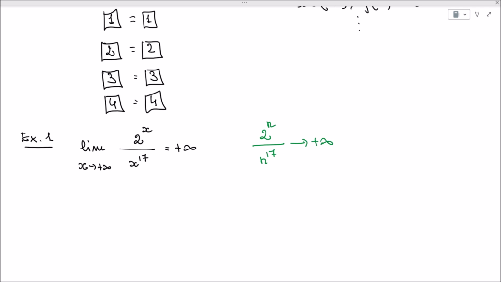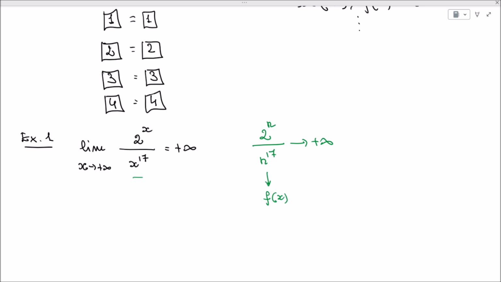We know that the exponential wins over the power if we are dealing with a sequence. So we would like to build, out of this sequence that we know, some kind of piecewise function f of x, and then we will try to compare this function f of x with the one that is given.